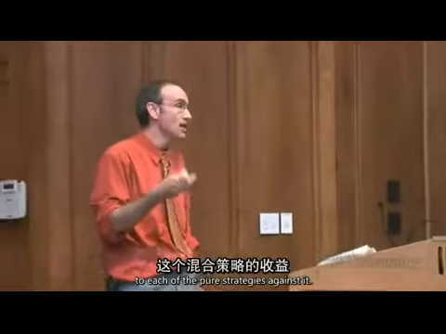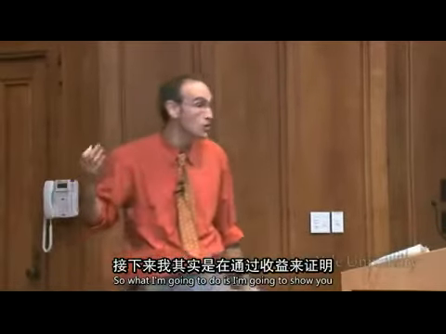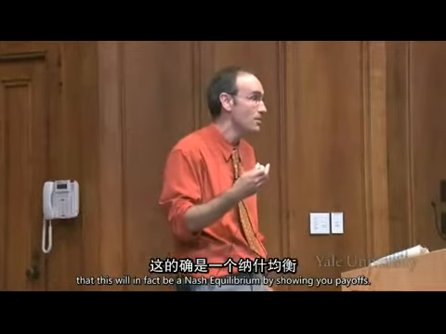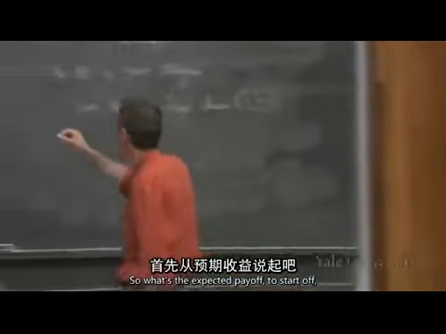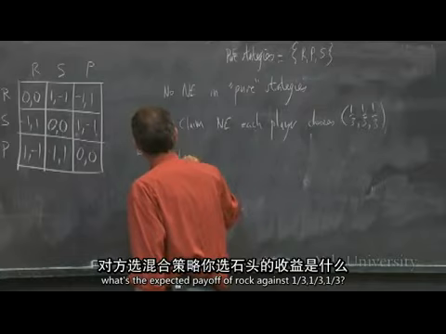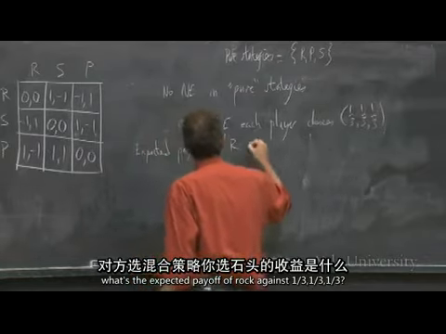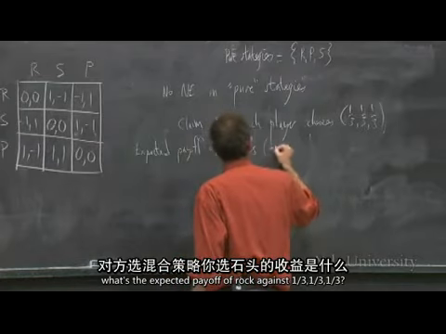Let's figure out what, in fact, is the payoff to each of the pure strategies against this. I'm going to show you that this will, in fact, be a Nash equilibrium by showing you payoffs. All right? So what's the expected payoff of rock against a third?